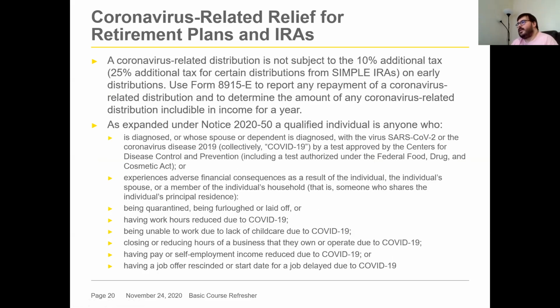There was this relief related to withdrawals on 401(k)s or 403(b)s or IRAs, where if you withdrew money because of the virus impact to you, and you're under the age of 59 and a half, they will not charge the 10% additional tax.